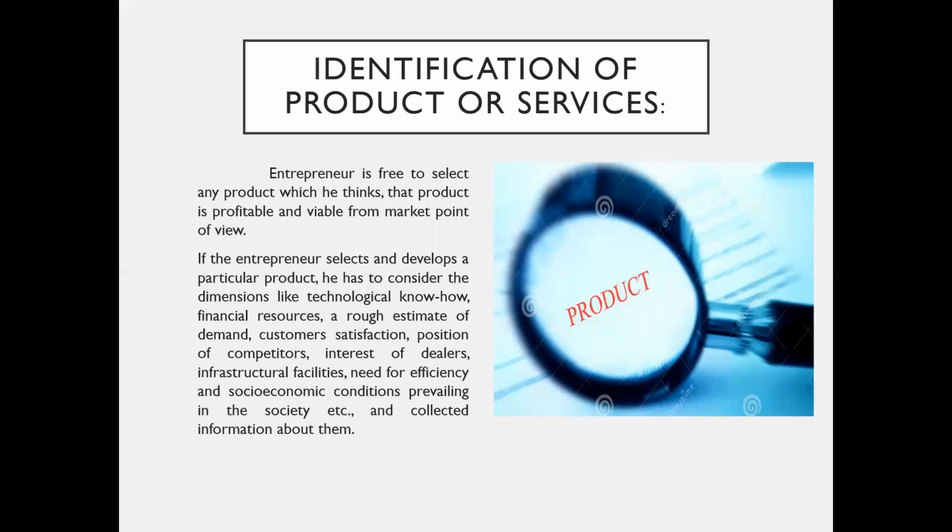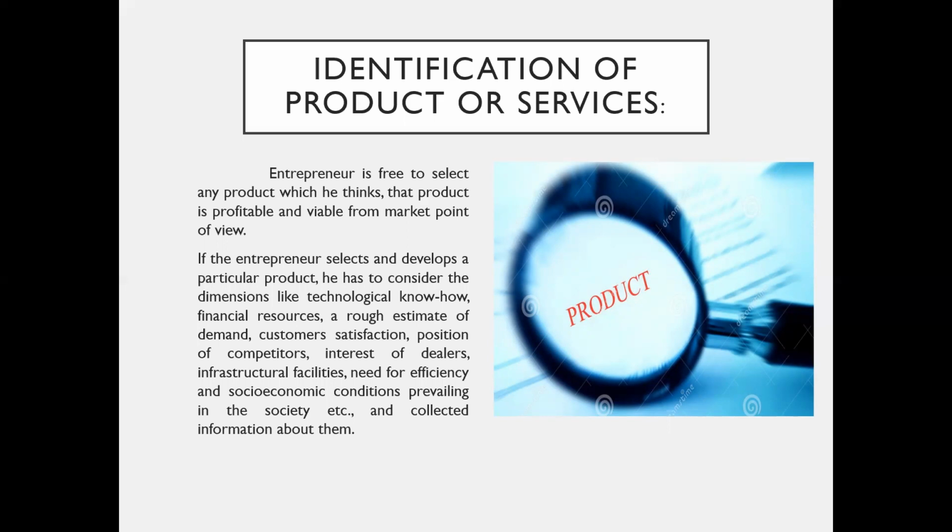Identification of product or services. An entrepreneur is free to select any product which he thinks is profitable and viable from a market point of view. If you are an entrepreneur, you will have multiple opportunities to select the best product or service which you want to sell in a market or render.